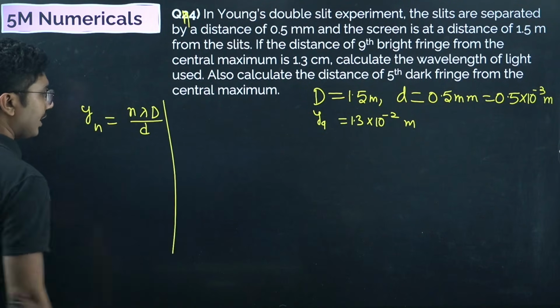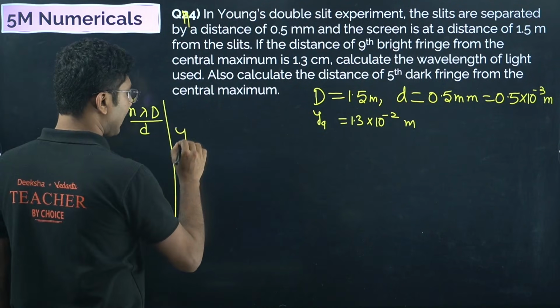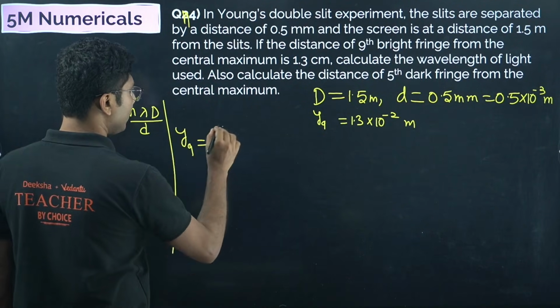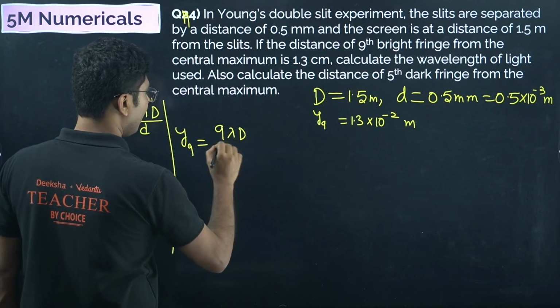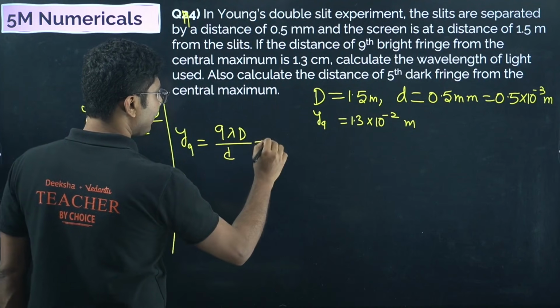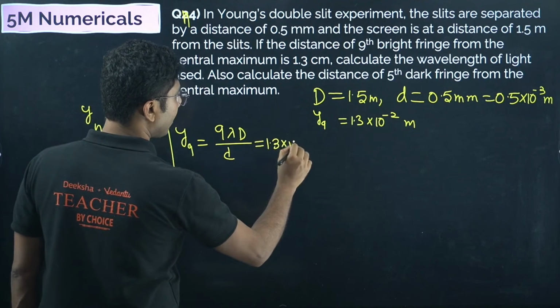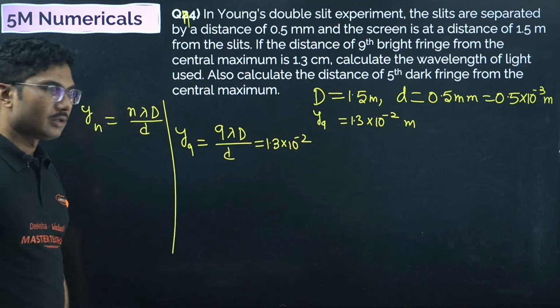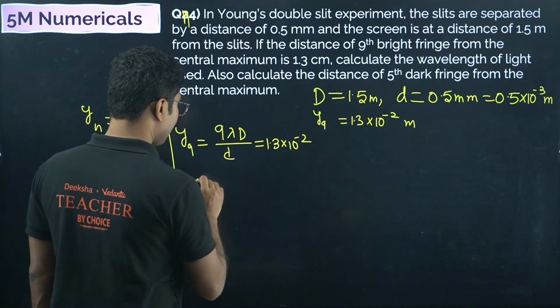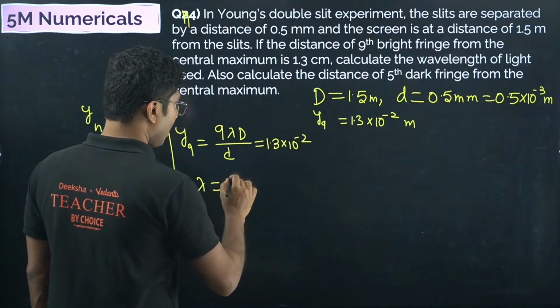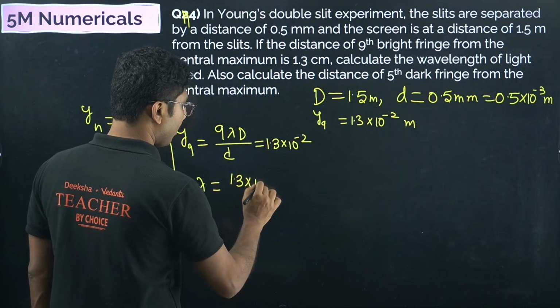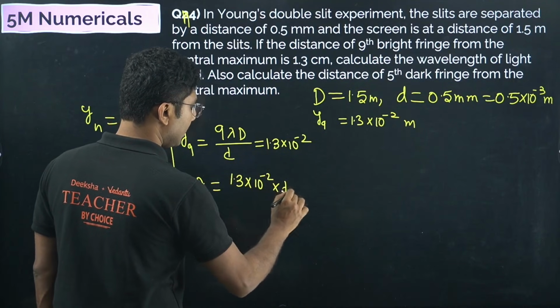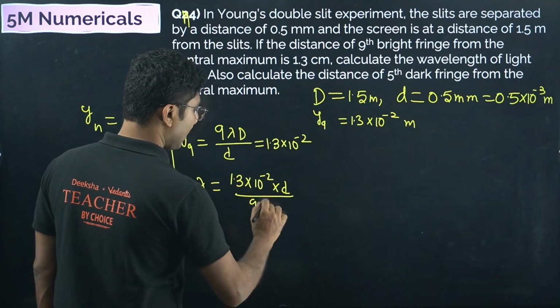Now here we are talking about the 9th bright fringe, so we can write Y9 equals 9 lambda D by d, and that is given as 1.3 into 10 to the power of minus 2. Lambda we have to calculate, so lambda equals 1.3 into 10 to the power of minus 2 into small d divided by 9 into capital D.